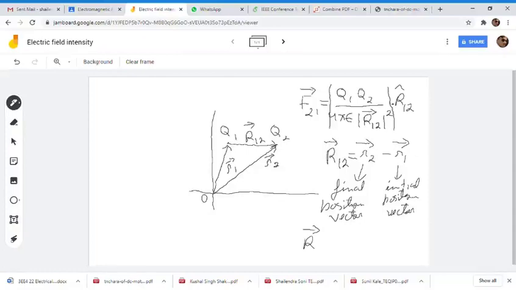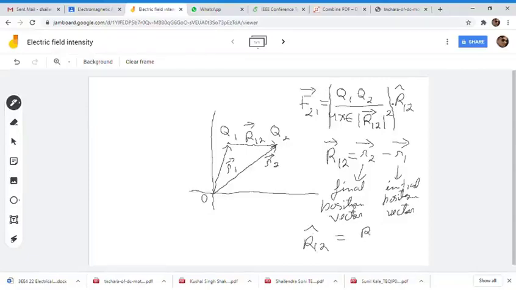If you want to calculate the unit vector R12, what will it be?